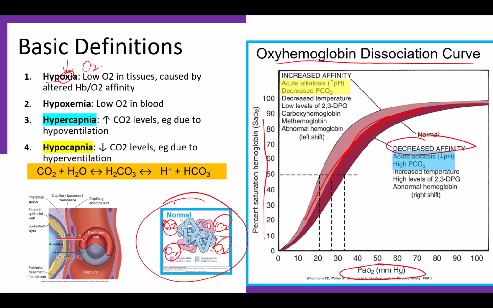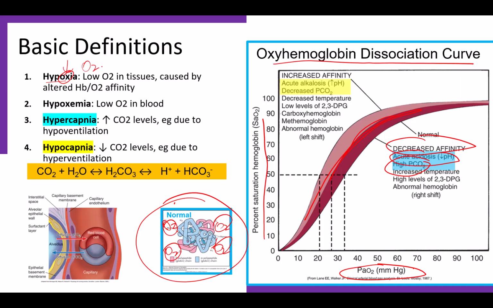Conditions where the bond is weaker include when there's a high level of carbon dioxide and when the pH drops. On the opposite side, you have certain conditions where the bond between oxygen and hemoglobin becomes stronger. What happens in these conditions is that hemoglobin is less likely to let go of oxygen.